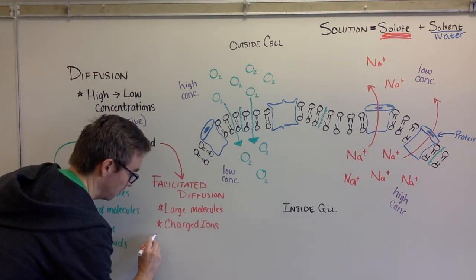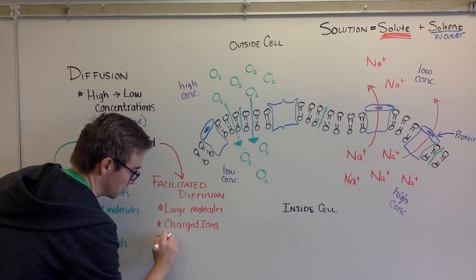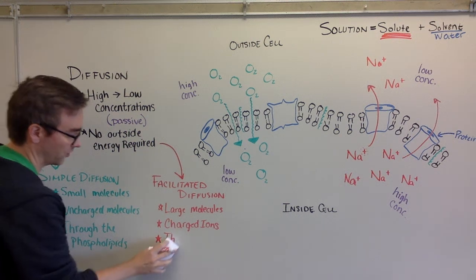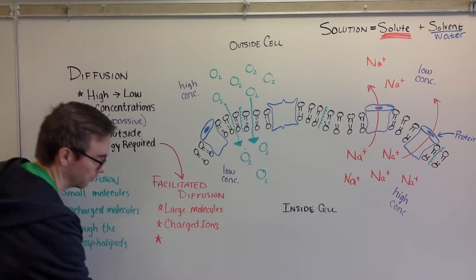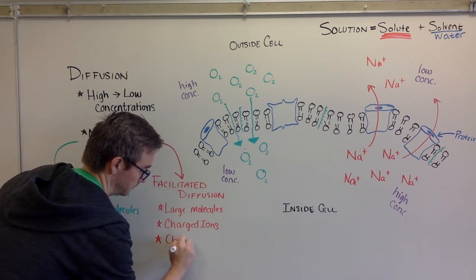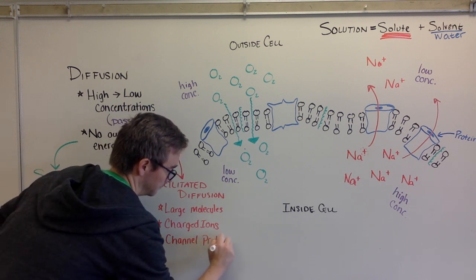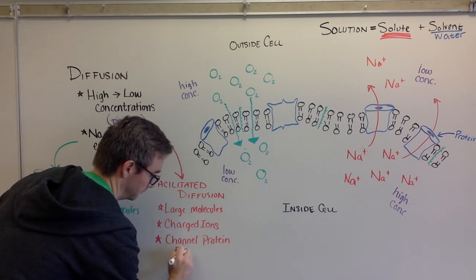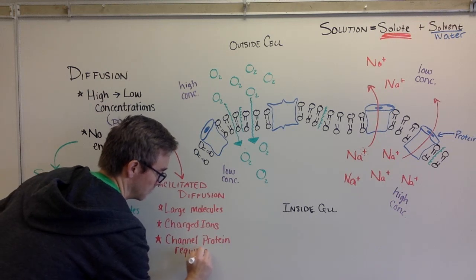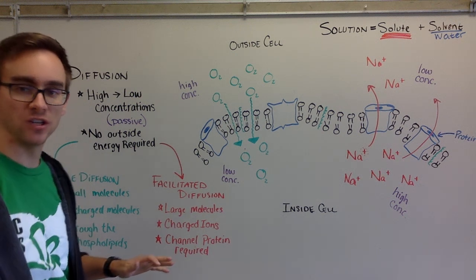Charged ions, and when it does that, it needs a transport protein, or a channel protein. Channel protein required. So we have two different types of diffusion here.